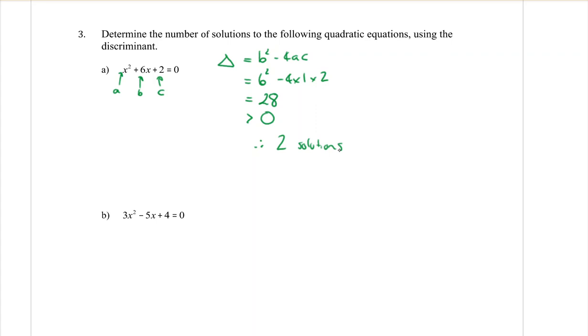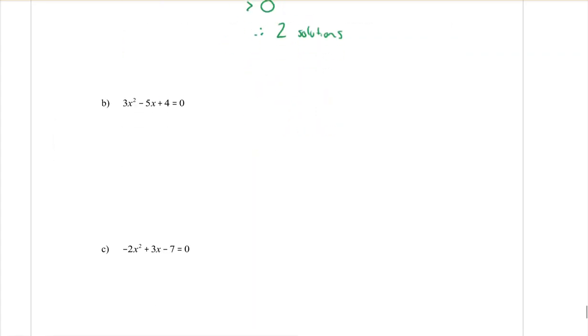Let's do it again for B. Let's find our discriminant. So formula, discriminant equals B squared minus 4AC. A is equal to 3, B is equal to -5, and C is equal to 4. Sub them in. Remember, if you're subbing in a negative number for B, put it in brackets. (-5) squared minus 4 times A, which is 3, times C, which is 4, equals -23.